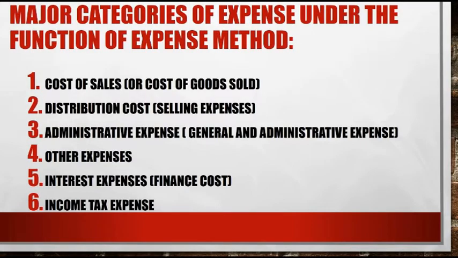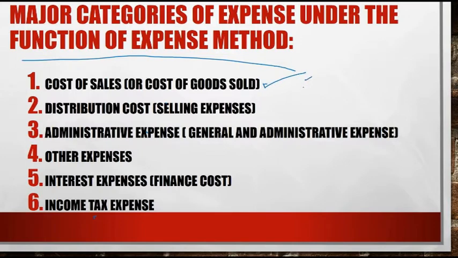So, ito yung mga major categories kapag gumagamit tayo ng function of expense method. So, ang makikita mo sa expenses instead of salaries expense, depreciation expense, and so on, ang makikita natin is cost of sales or cost of goods sold.